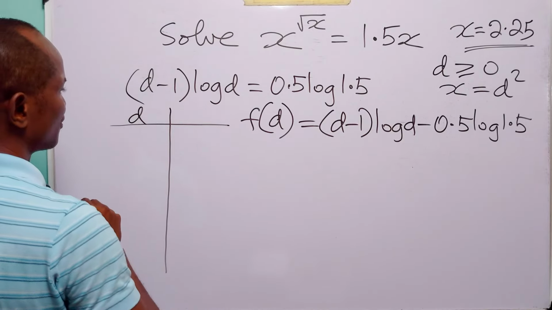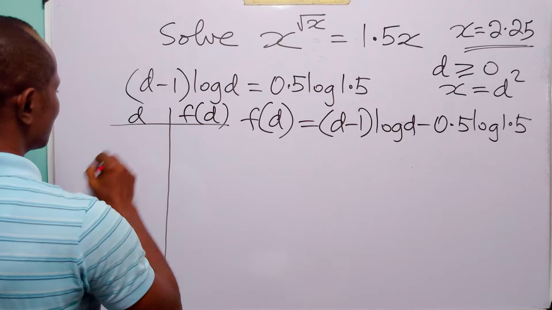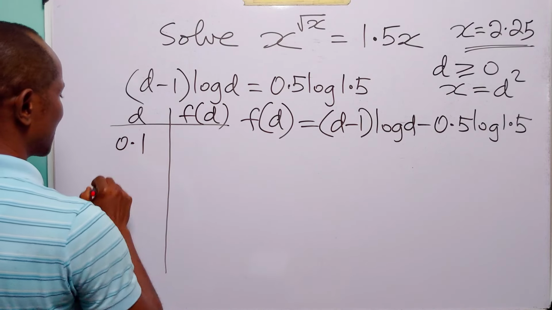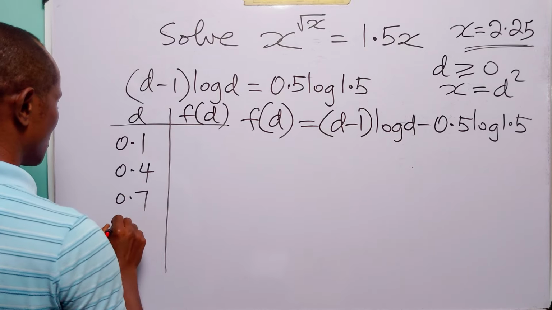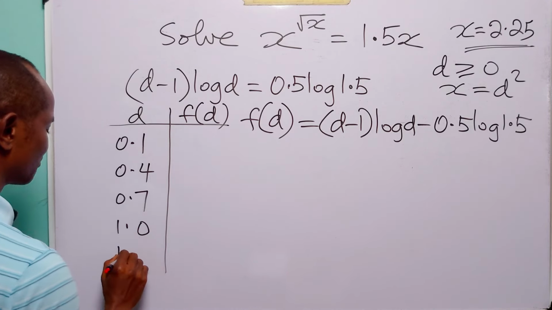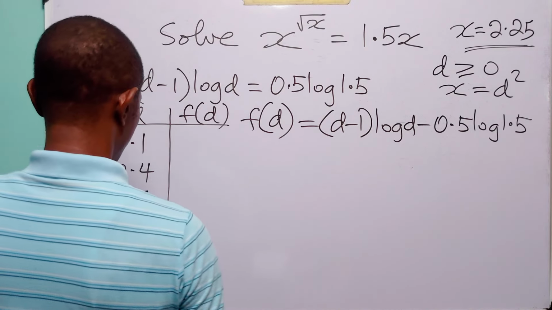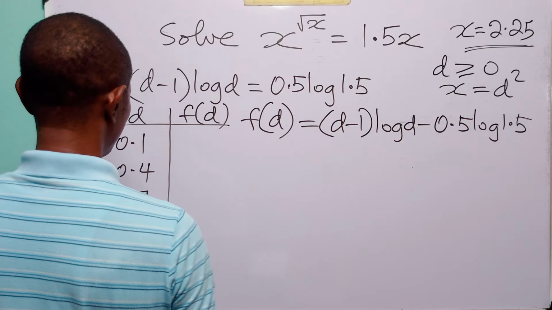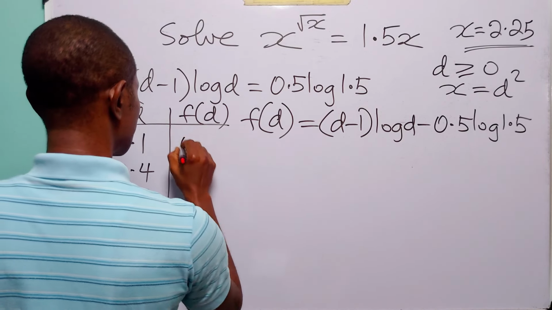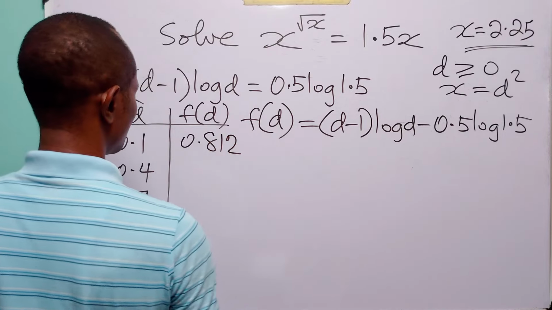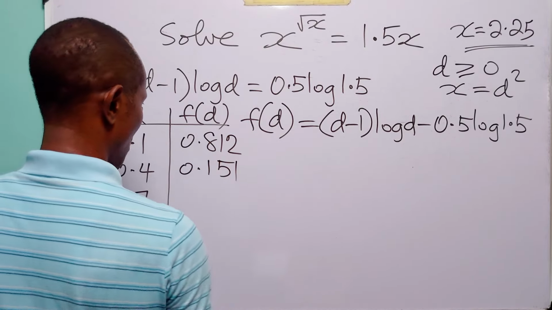To do that, let us use these values. Here we have values of d, and here we have approximate values of f of d. Let us choose 0.1, 0.4, 0.7, 1.0, 1.3, and lastly 1.6. Now, when d is equal to 0.1, f of d is approximately equal to 0.812. For this, we have 0.151.